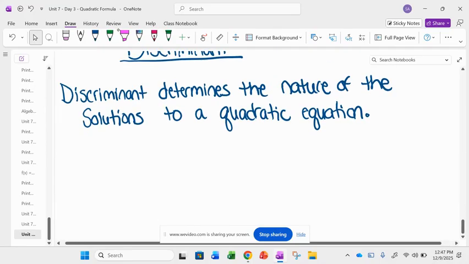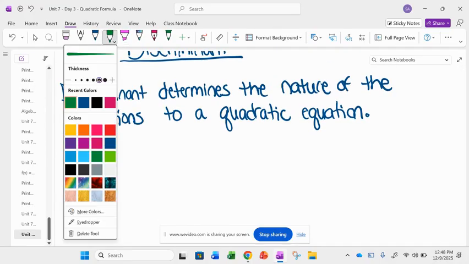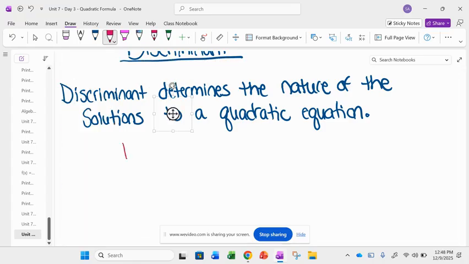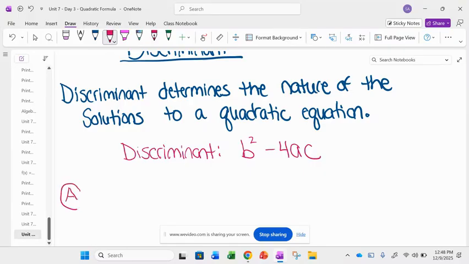So the discriminant is actually the formula B squared minus 4AC. And we have different scenarios.